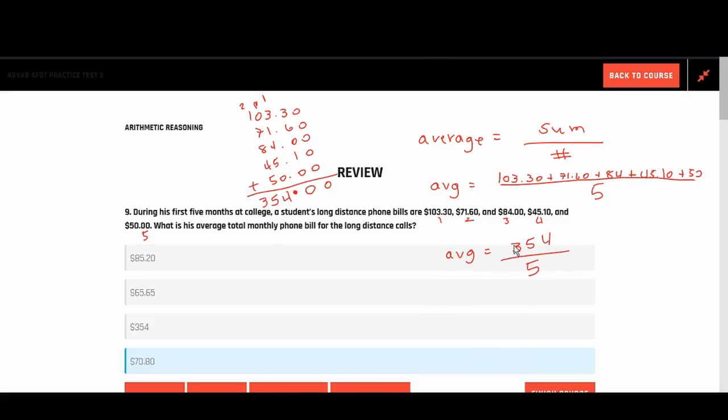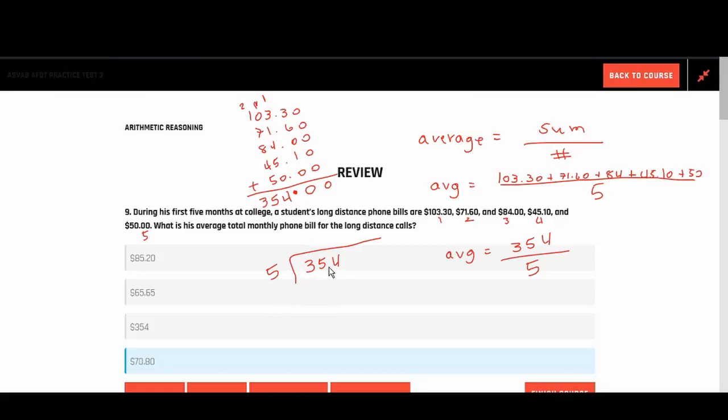At this point, we can now regard this as long division, namely 354 divided by 5. That looks like this. And again, the way I like to do division with these problems is to try to get as close as I can to this whole number without going over.